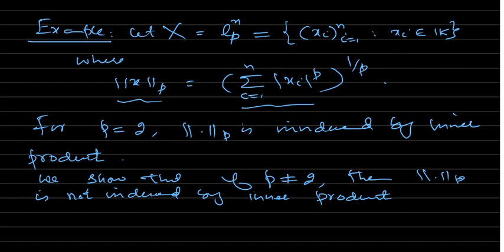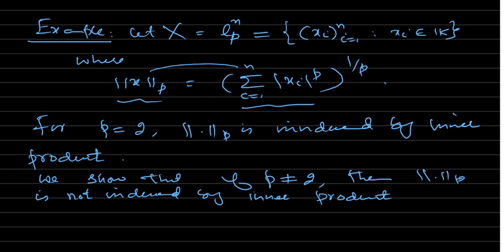So for p not equal to 2, I will show that this norm is not induced by an inner product. It means that I cannot define any inner product on X such that inner product of x with x is equal to norm p of x whole square. So that's not true.